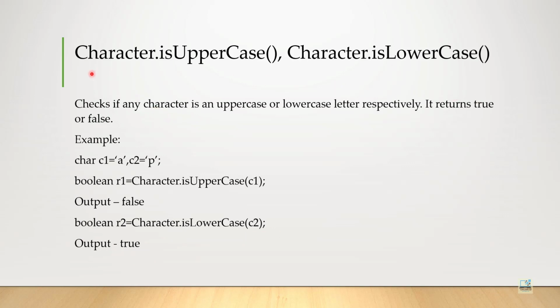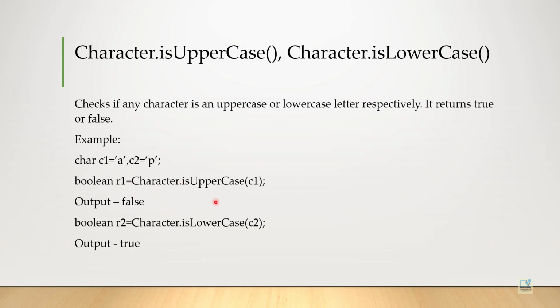Now these are functions to check if the character is uppercase or lowercase: isUpperCase and isLowerCase. As the name suggests, isUpperCase will check if any letter that you are passing is in uppercase or not, and isLowerCase will check if it is in lowercase or not. You can pass any type of character, whether it is a letter or special character or number or space.